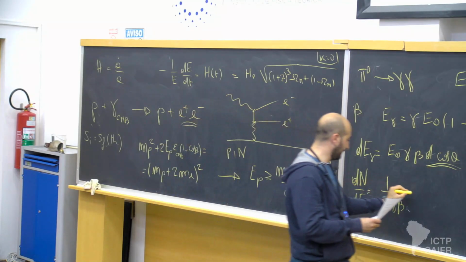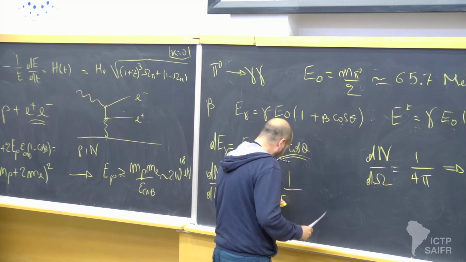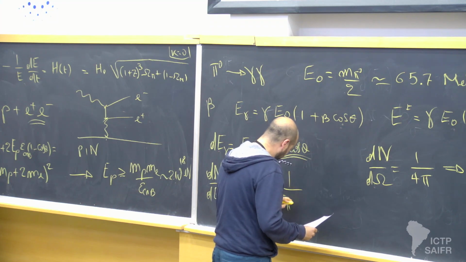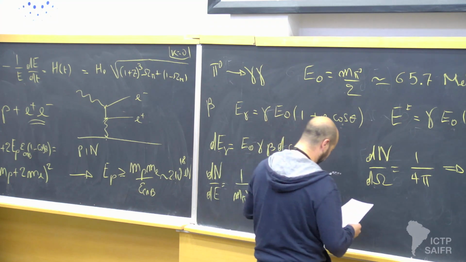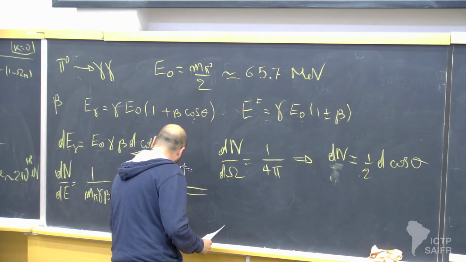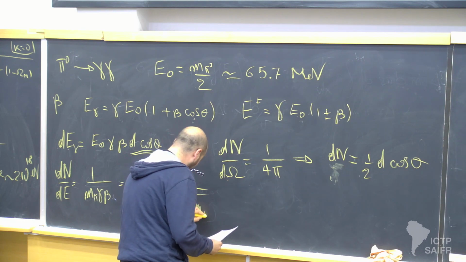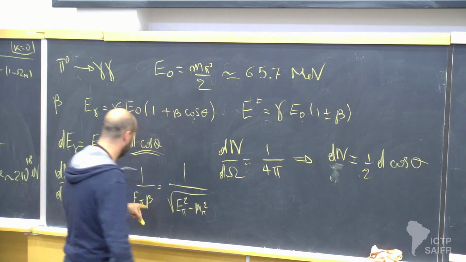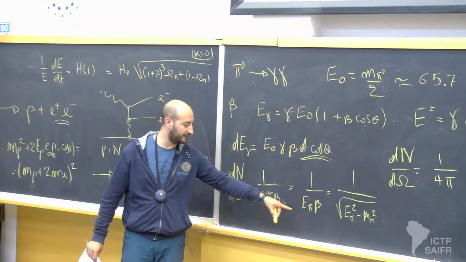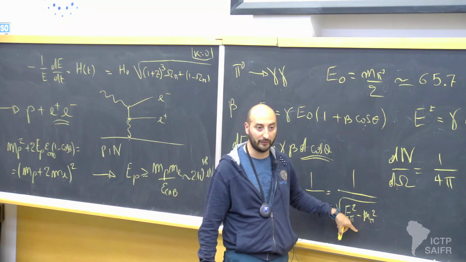This is nothing but 1 over E times E of the pion times β, which I can also rewrite as 1 over the square root of the energy of the pion squared minus the mass of the pion squared. Because this is E times v, this is momentum, and momentum is the square root of energy squared minus the mass squared.